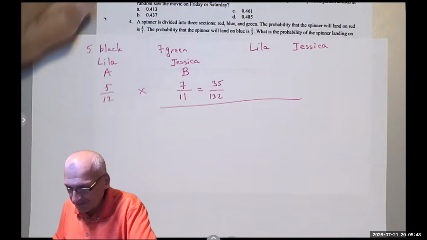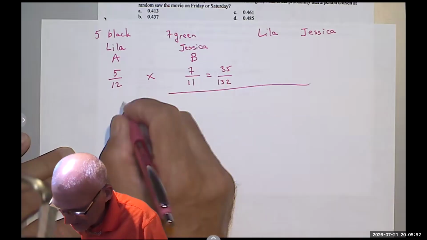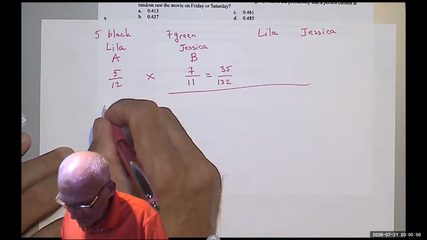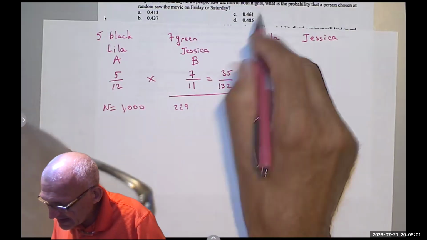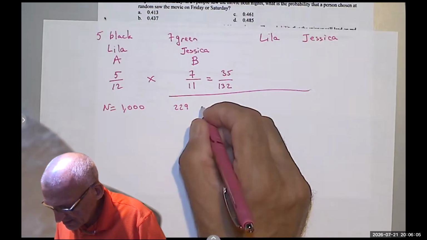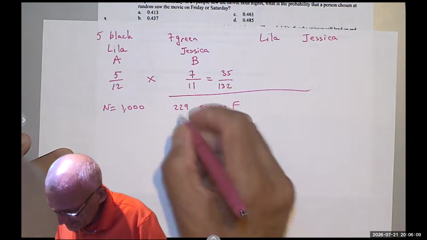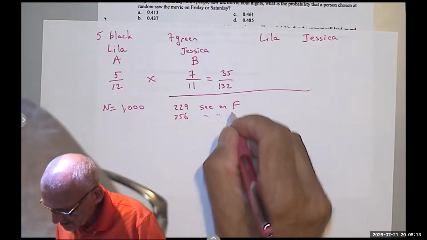Okay, number 3. It says a movie company surveyed 1,000 people. So the N of the survey is 1,000. 229 said they went to see the new movie on Friday. 256 said they went on Saturday.